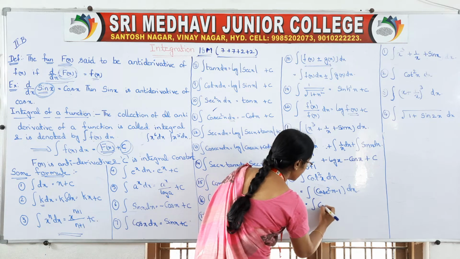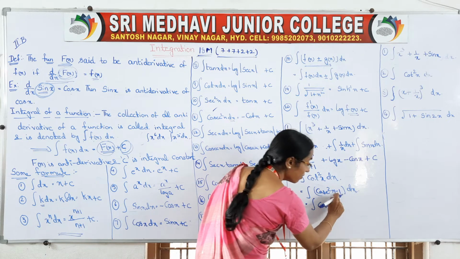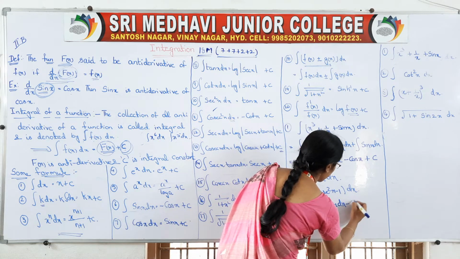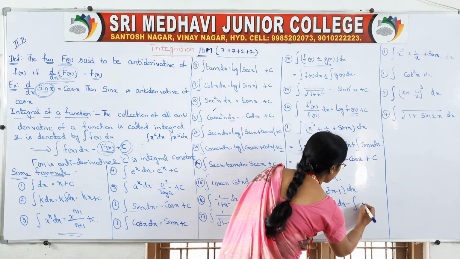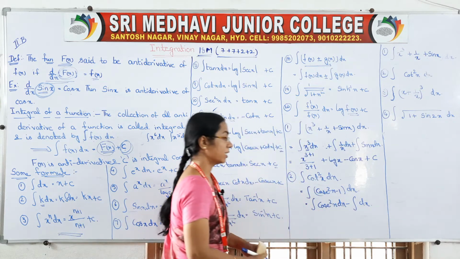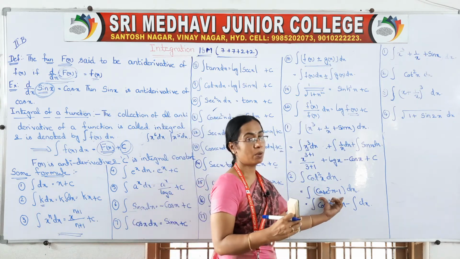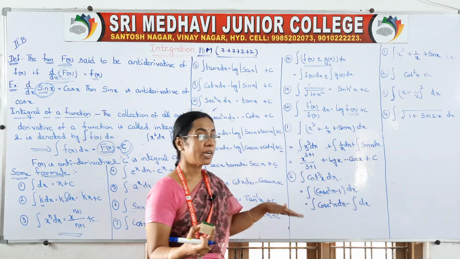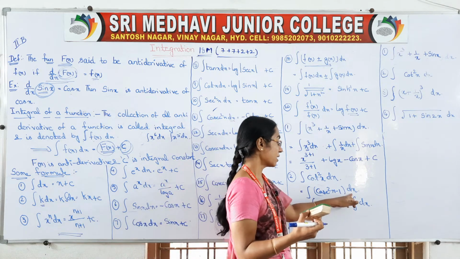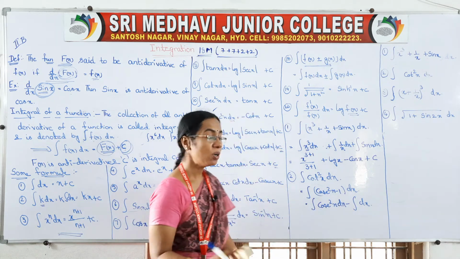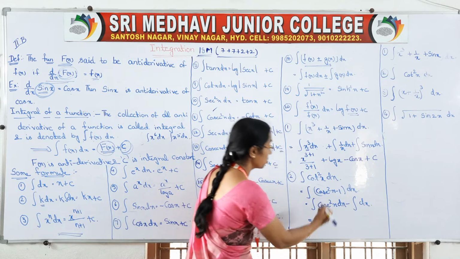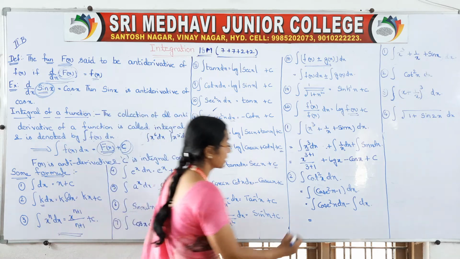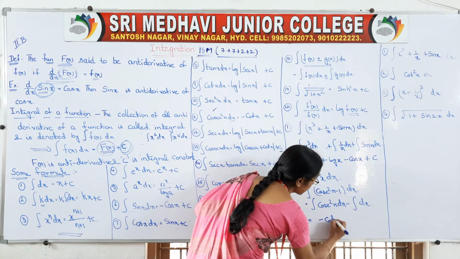So we can write this as cosec square x. Whenever plus or minus is inside the integral, you take separate integrals. Integral cosec square x dx minus integral 1 into dx, which is dx only. Getting my point? Integral cosec square x dx is minus cot x.